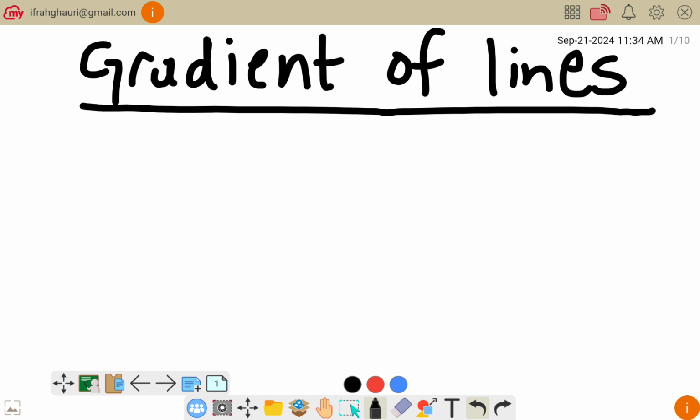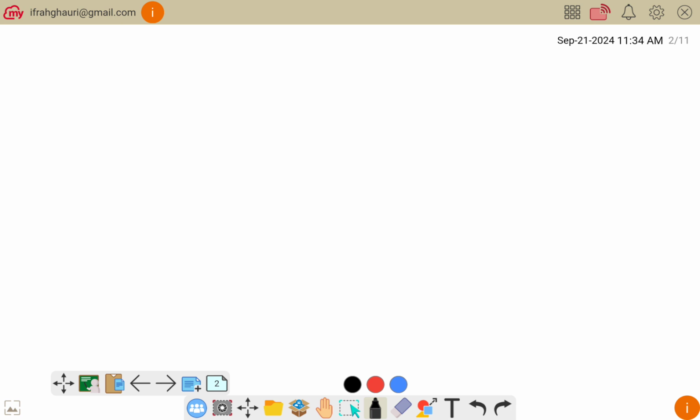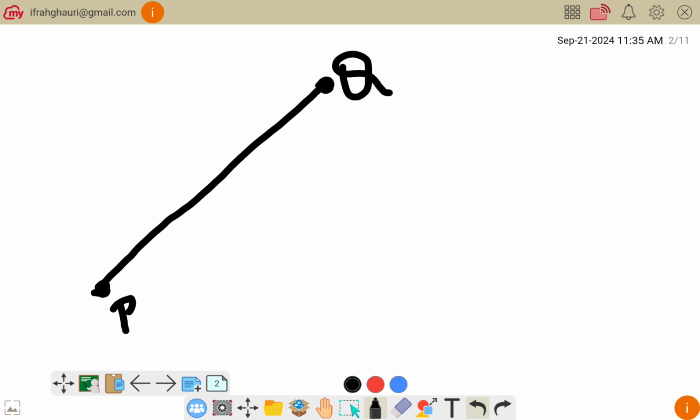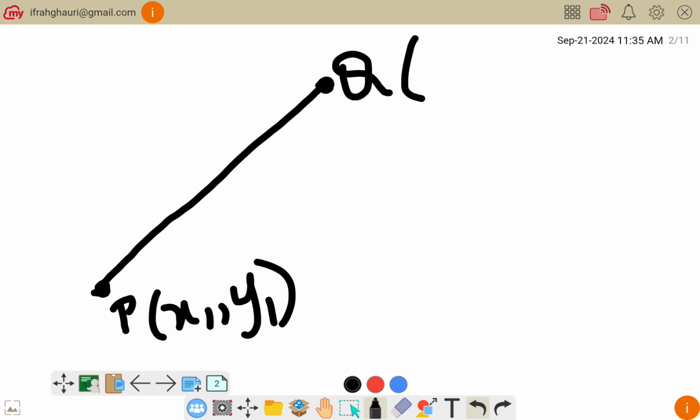Now, let's have a look at a straight line. This is P and this is Q. The point P has coordinates x1 and y1, and the point Q has coordinates x2 and y2.